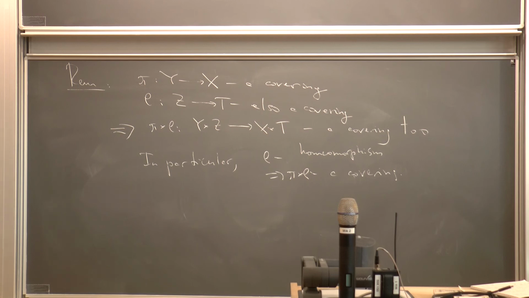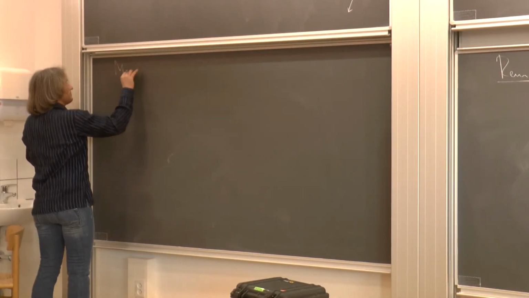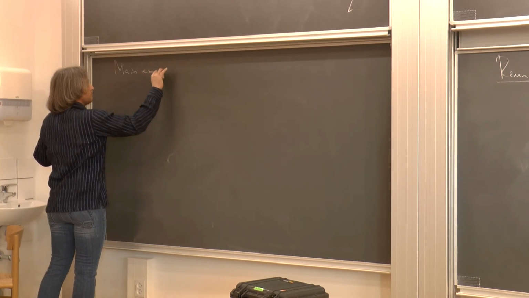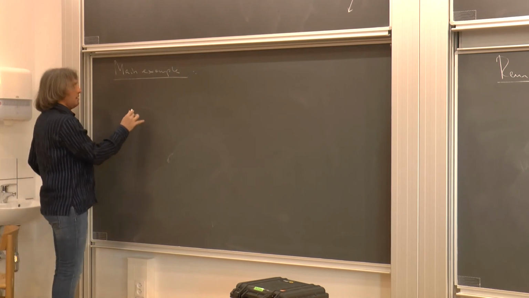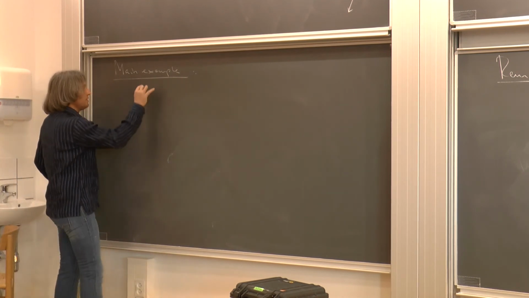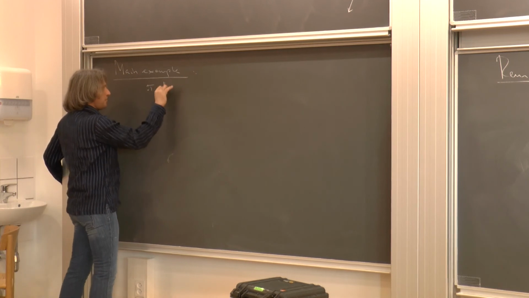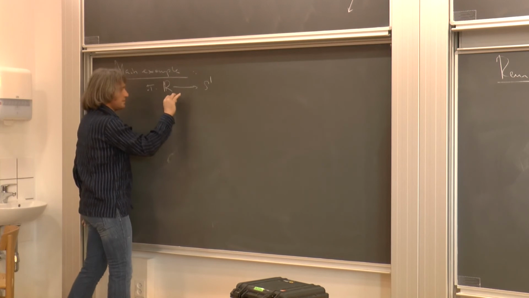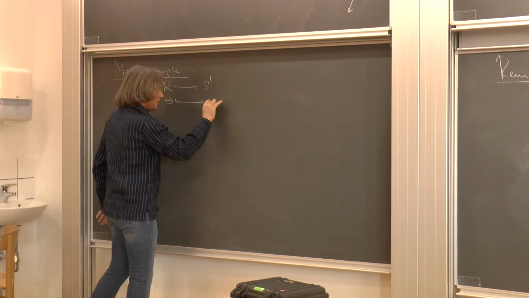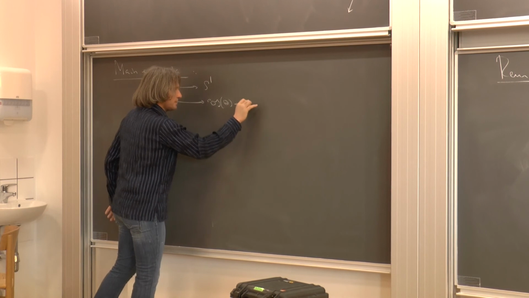Consider a map. So we had two of them already. So pi is a map from the real line to S1, and this takes theta to cosine theta plus i sine theta.